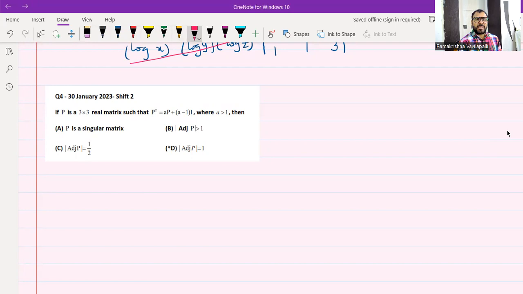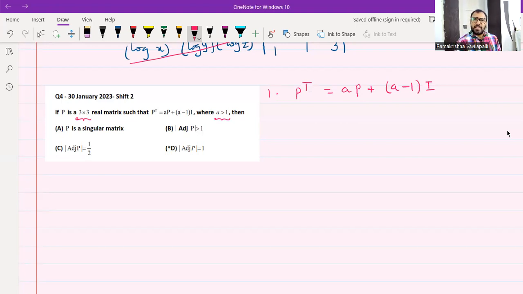P is a 3 by 3 matrix satisfying P transpose equal to AP plus A minus 1 into I, where A is greater than 1, asking what is the determinant of adjoint of P. So here the basic logic is that we need to find out P. We know P transpose is given as A into P plus A minus 1 into I. It is just solving two linear equations, but normally they give two linear equations in two variables x and y.